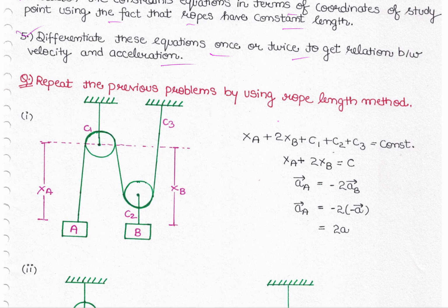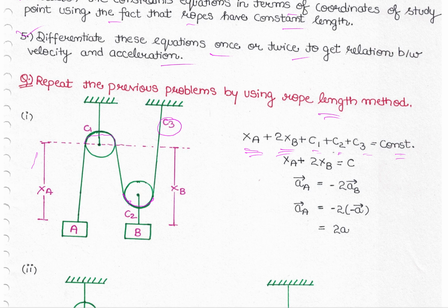So repeat the previous problem by using the rope length method. So this is our rope length xA and xB, and the situation is same as above. So you can write xA plus 2xB plus c1 plus c2 plus c3 is equal to constant. This is the c1, this is the c2 attached with pulley, and this is the c3.